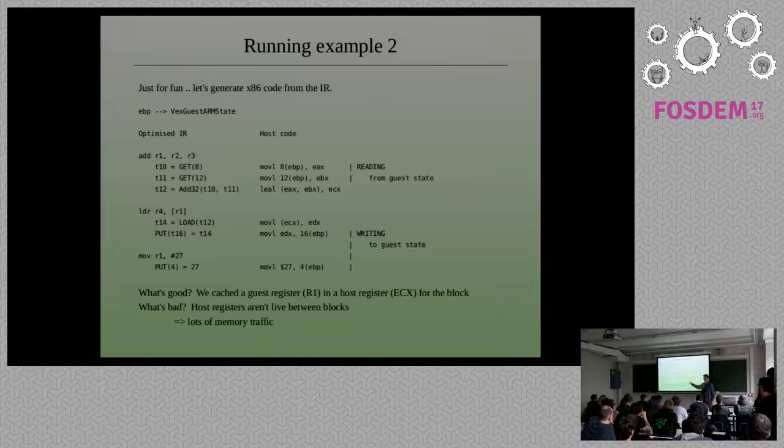It makes the compiler simple, but it generates a huge amount of extra memory traffic. Another way to say that is that the host registers are not very efficiently used. So, for example, the original program could contain a loop, but every time we go around the loop, we're going to flush everything back into memory every time. So that's not good.